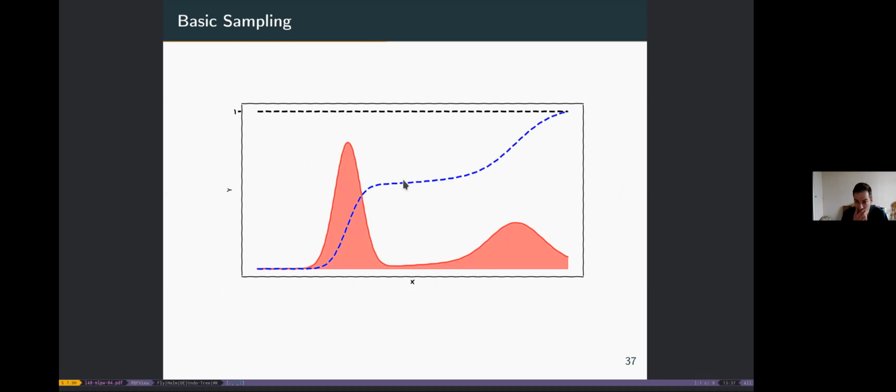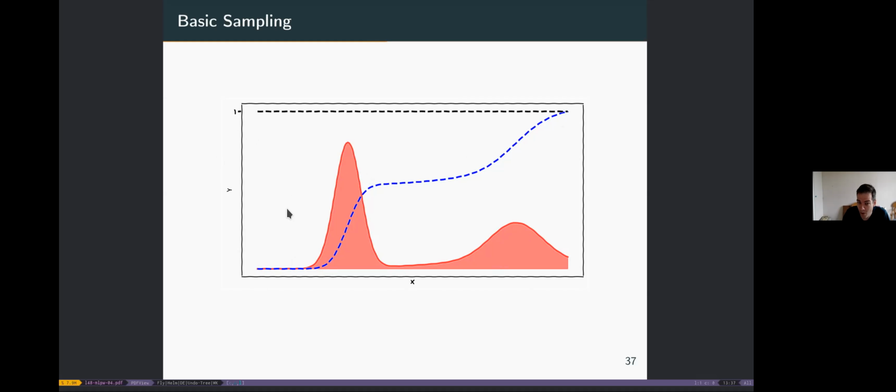So that's the foundation for how we're going to think about this. Cool. The first thing we need is: how can I even draw samples from any distribution in a computer? Say that I want to draw samples from this red distribution here. If I can describe the cumulative distribution of this function, which is the blue line, the way I can draw samples is to draw from a uniform distribution between 0 and 1.